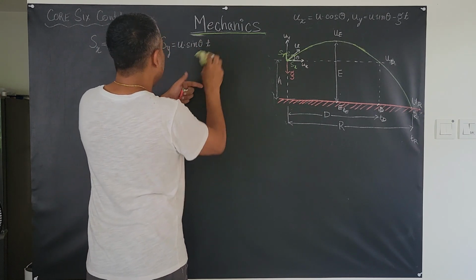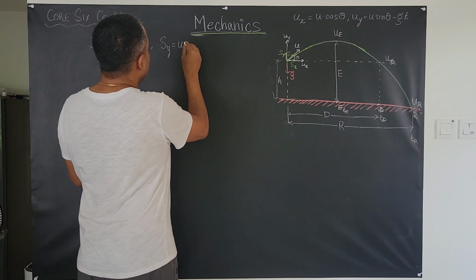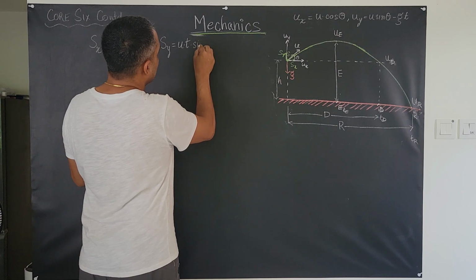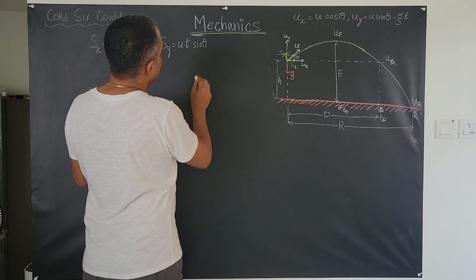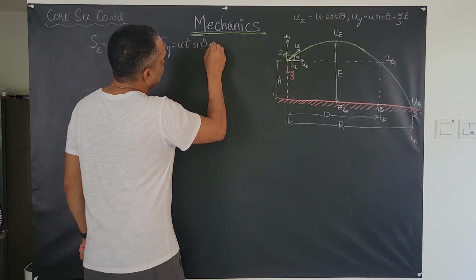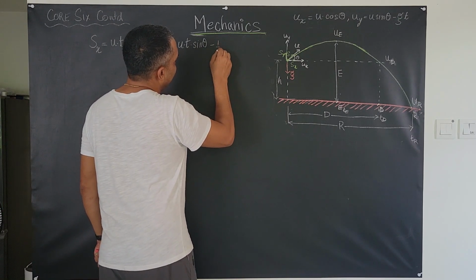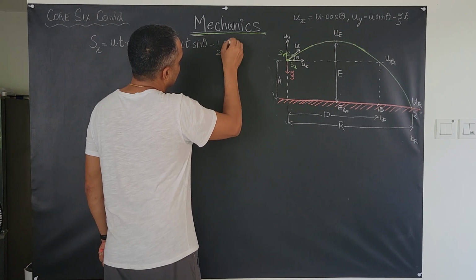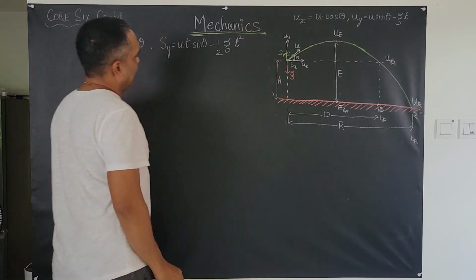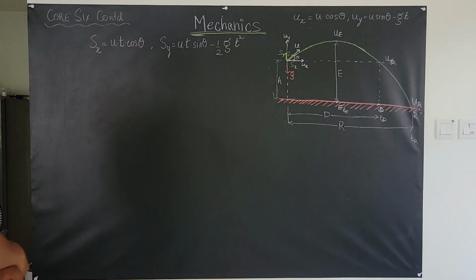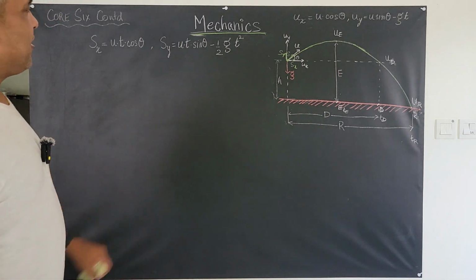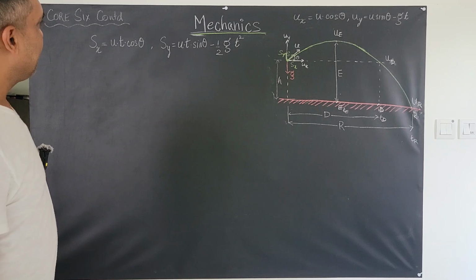Again, to simplify it for you, u times t sine theta. Acceleration is negative, so it would be 1/2. Okay. Let's see where we go with this. I think we have our math right.